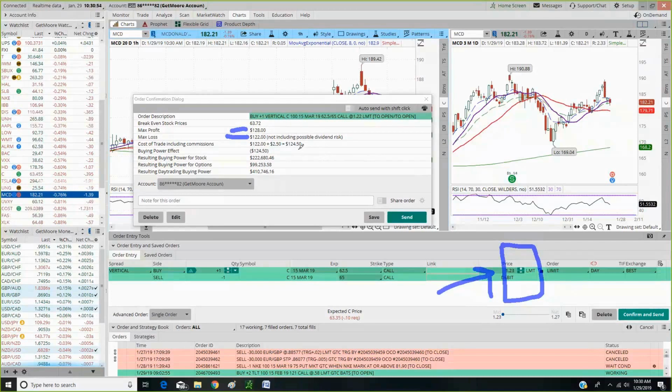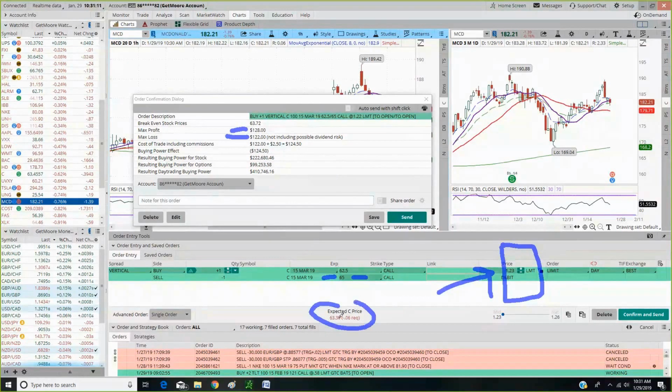And in order for me to get maximum profit, all this stock has to do, if I am selling the 65 call, and now this says Citibank, dang it. Look here. Citibank is at $63.35.